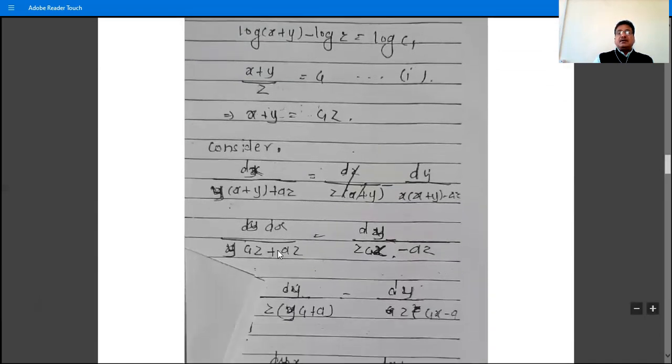Then the next one is what? Consider the first ratio and third ratio. So what happened? We substitute x plus y as c1z.